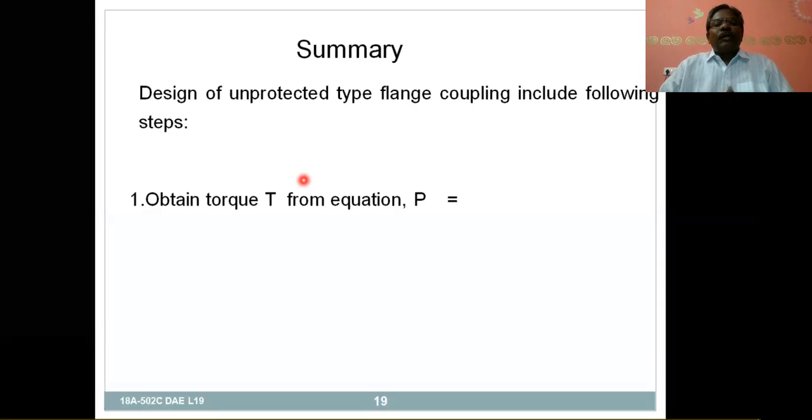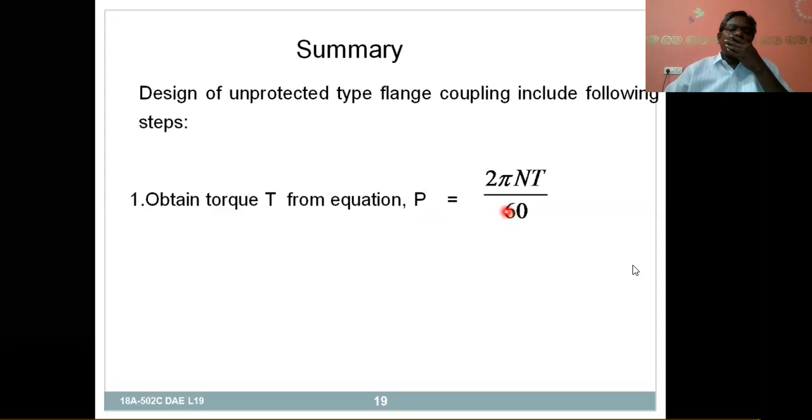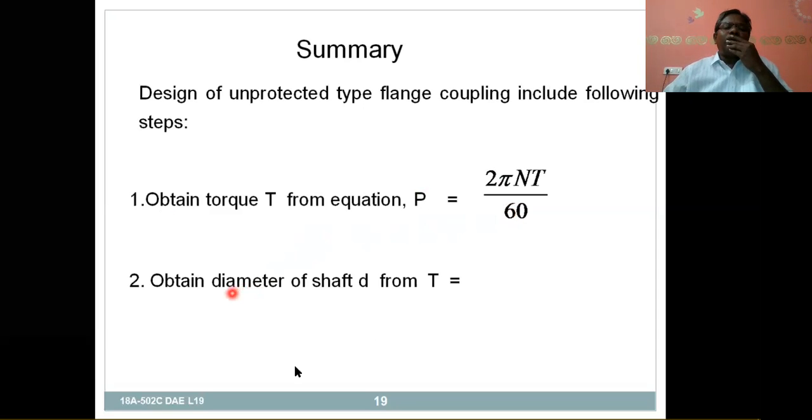Obtain torque T from the power equation, that is P is equal to 2πNT by 60. And obtain diameter of shaft d from the torque formula, that is τs is equal to πd³ by 16.